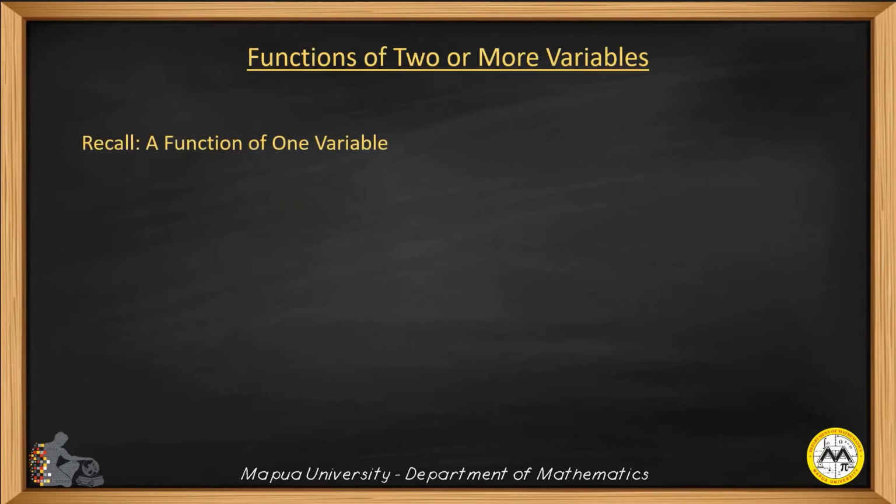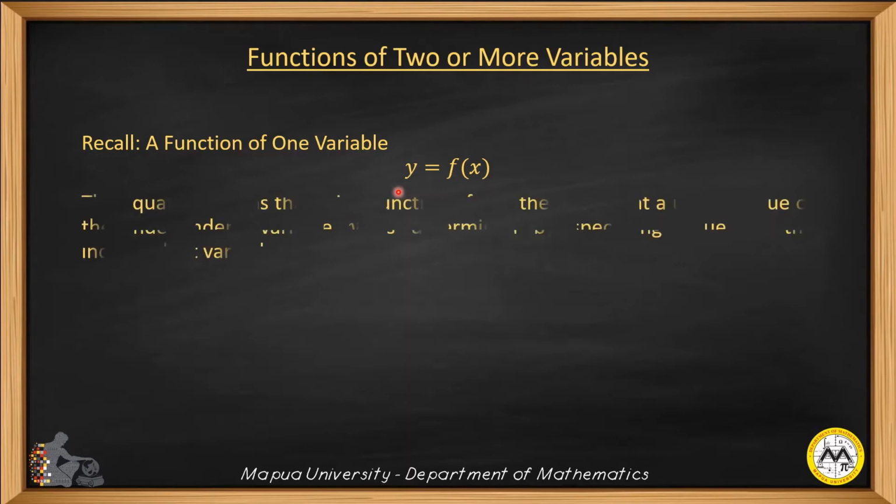Okay, let us recall a function of one variable, y equal to f of x. In this given notation, x is the independent variable, y is the dependent variable. Now, the terminology dependent and independent variable likewise would extend to functions of more than one variable.